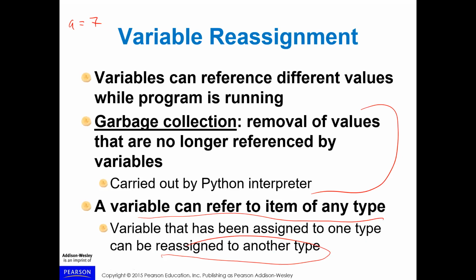But later on in the program, I say A is 4.0, and now that data type is no longer int, but a float type. So a variable can be reassigned to another type very easily. That's something that we'll see as we start doing problems.